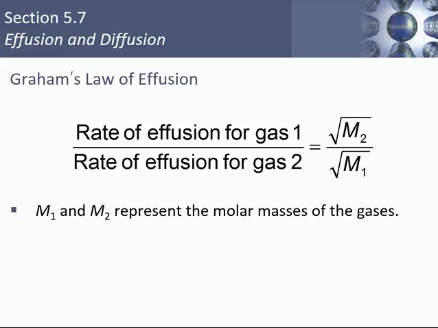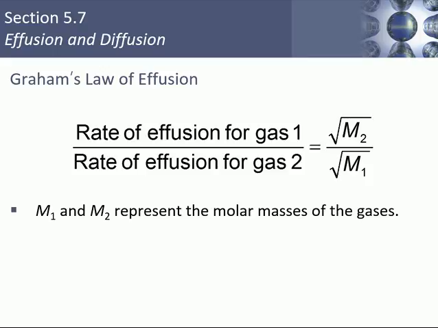So that brings us to another law. This one is called Graham's law. It has to deal with effusion. Graham's law states that the rates of effusion of two gases are inversely proportional to the square roots of their molar masses.